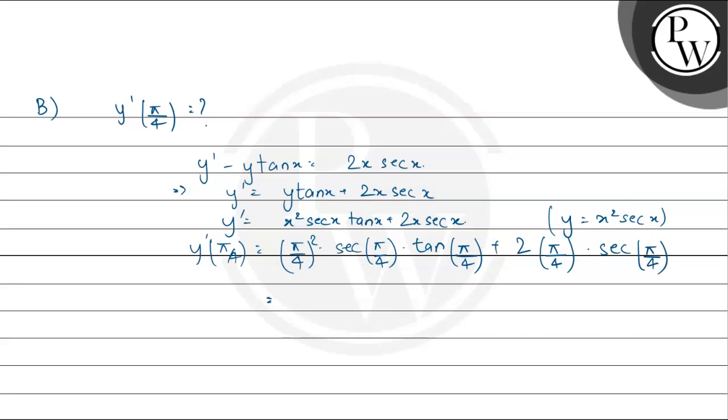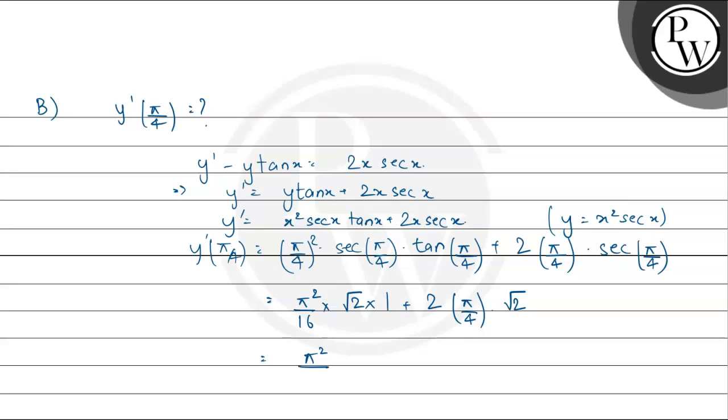times tan of pi upon 4 plus 2 times pi upon 4 times sec of pi upon 4. So this is basically pi square upon 16 times sec of pi by 4, which is under root of 2, and tan of pi by 4 is 1, plus twice of pi upon 4 times sec of pi by 4, which is again under root of 2. Sorry, this is pi square upon 16 instead of pi by 16.